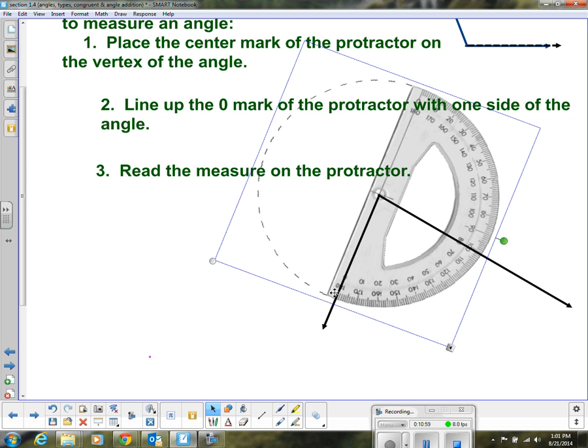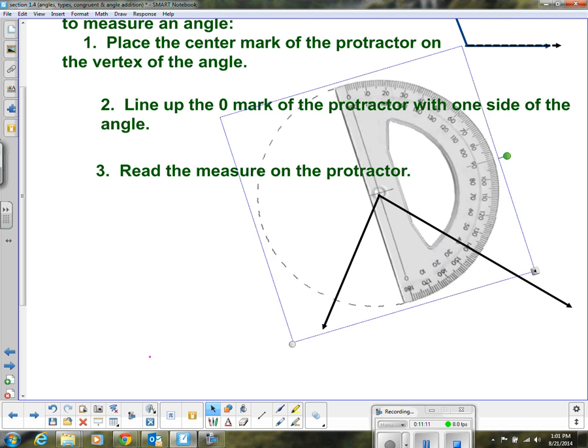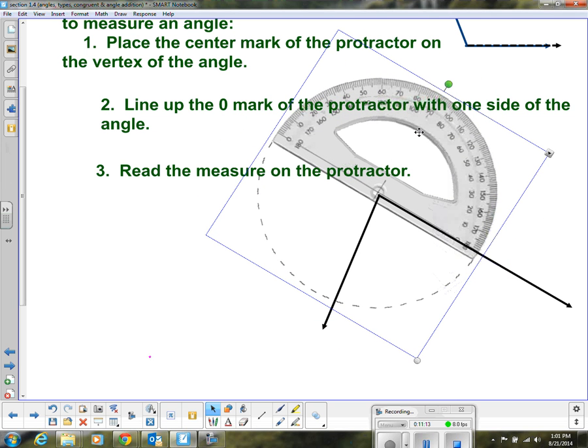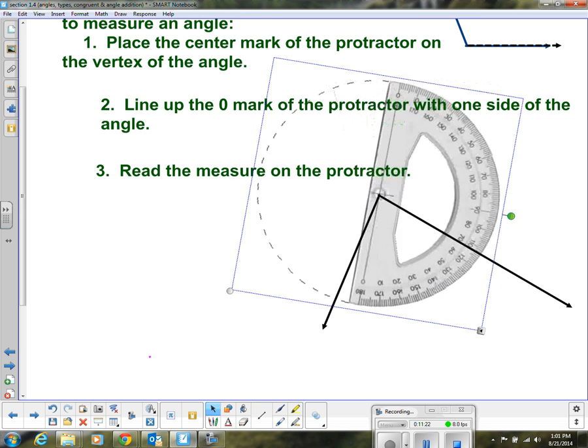Now notice the measurements of the protractor, I'll be able to measure from here up. If I had rotated here and stopped there, I can't measure my angle because my protractor is up here and not on the interior. So you got to make sure that your protractor is on the interior of your angle.